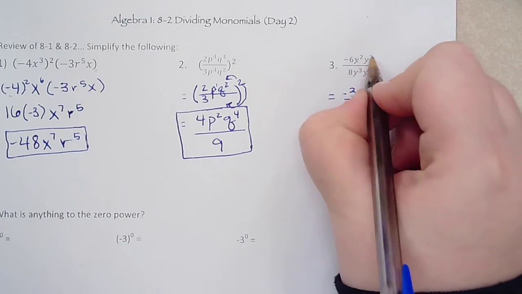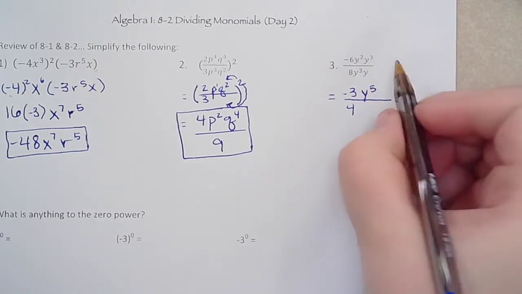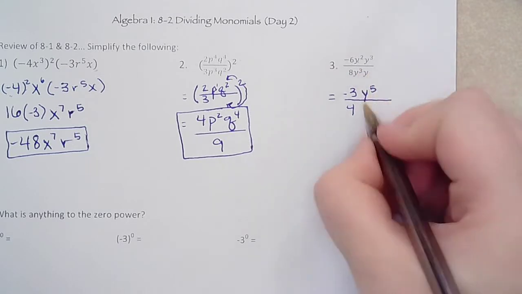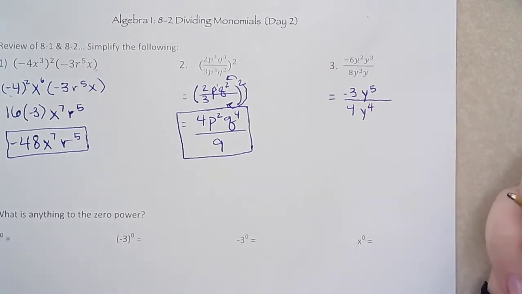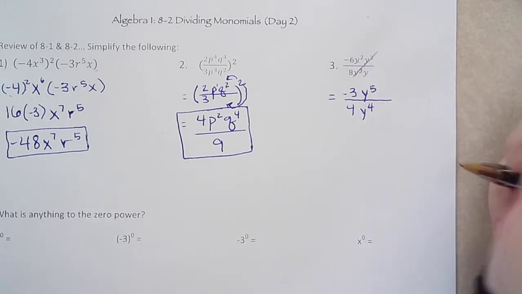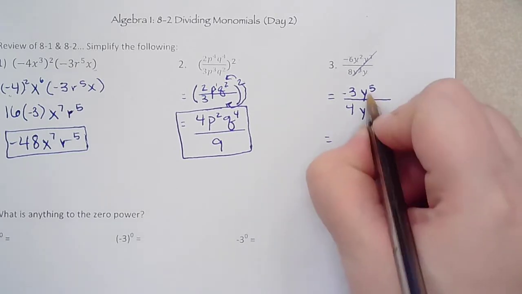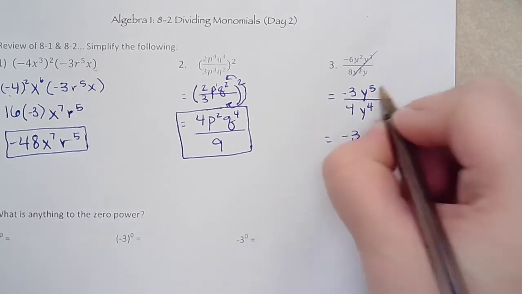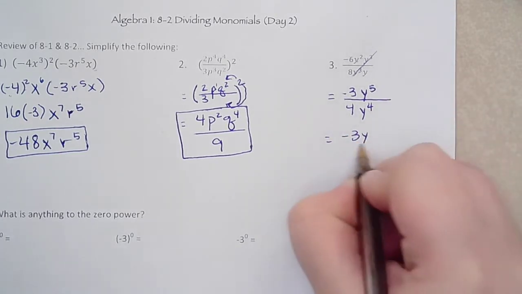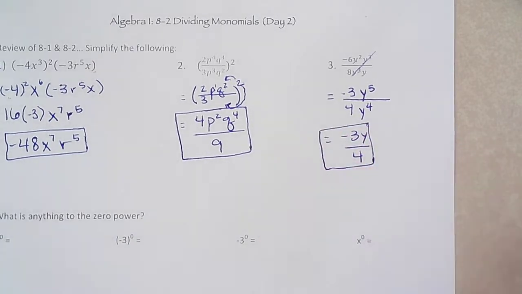And then I see that y squared and y cubed, when I add their exponents, become y to the 5, and y cubed and y become y to the 4. I also see that these cancel out, so I could have had y squared over y. That would have also been another way to reduce. But then when I simplify this, I get negative 3, just a single y, over 4. And that's what that looks like.